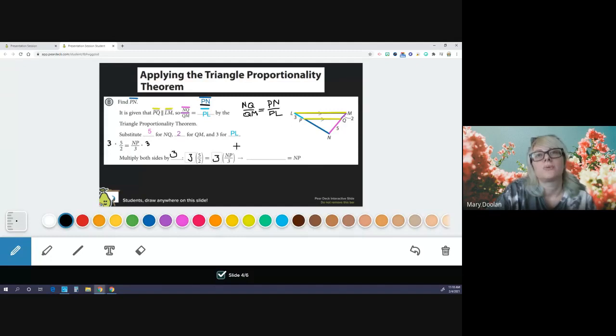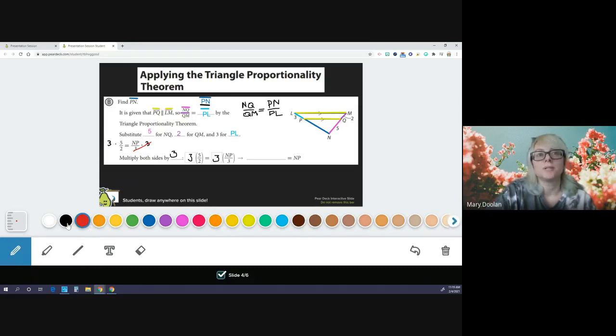It's kind of weird how they're writing it out to me, so I'd rather just do it this way. Then 3 divided by 3 goes away, and this is what I have as NP.